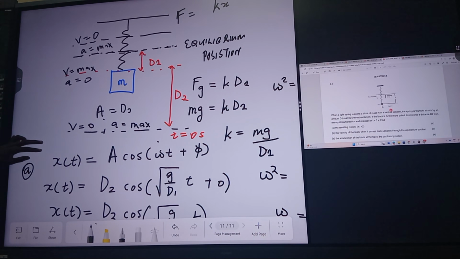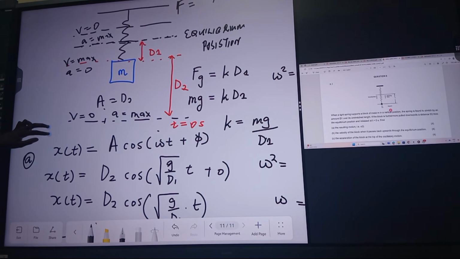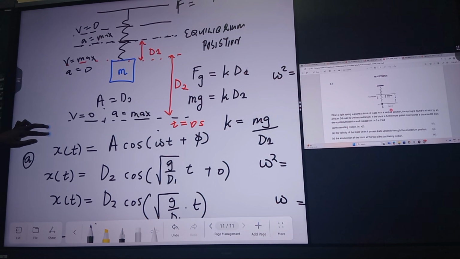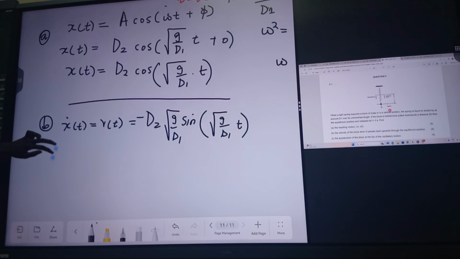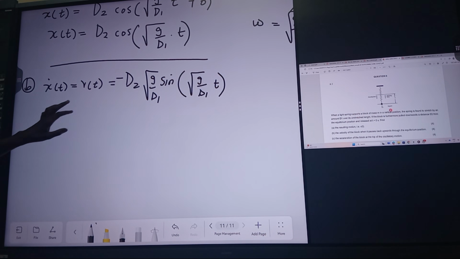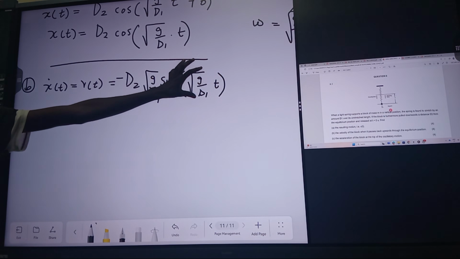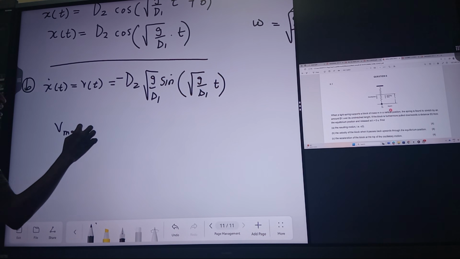So the velocity at the equilibrium position, as it passes back upwards through it, must be maximum. And we know that for a maximum velocity, we ignore the negative and we ignore the sign.